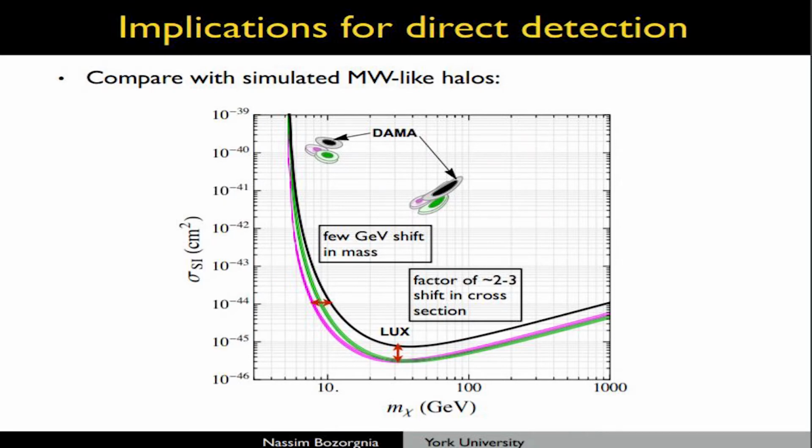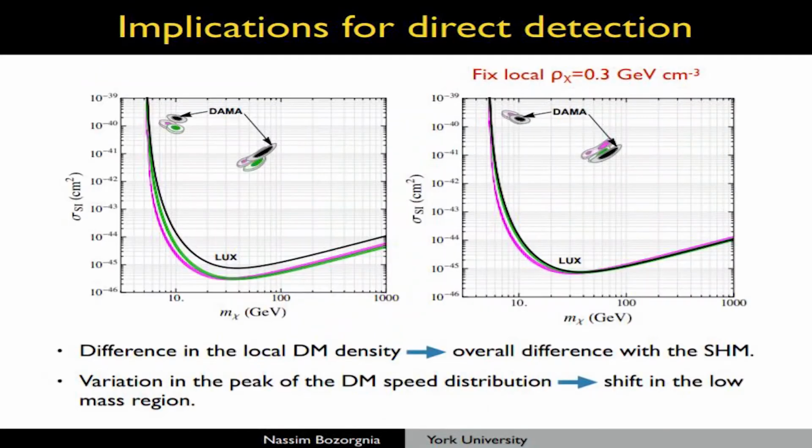To see this better, we can compare, this is the same plot I showed you before, to fixing the local dark matter density of all the halos to 0.3. This is in principle not consistent, because if you change the local dark matter density, you're also changing the velocity distribution. Density and velocities are correlated, but just to see by eye the effect of the velocity distribution, we see that there is this shift in the low mass region.